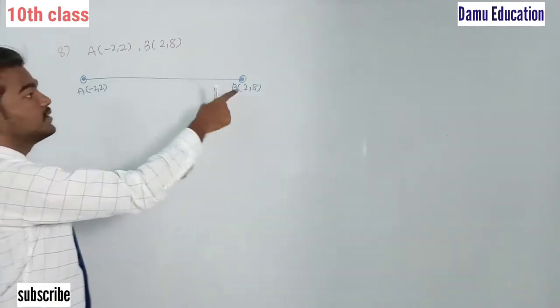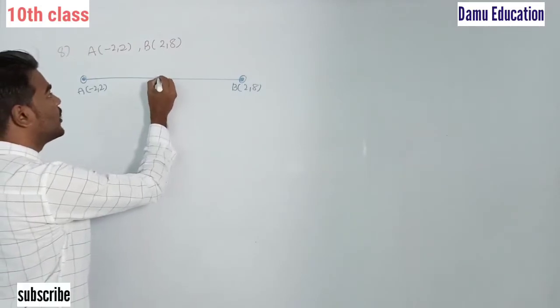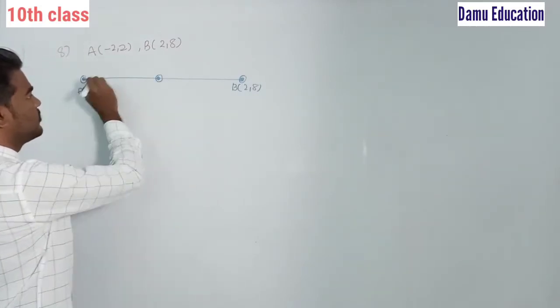So let's divide these two coordinates at the midpoint. This is one more point, the midpoint of this one.